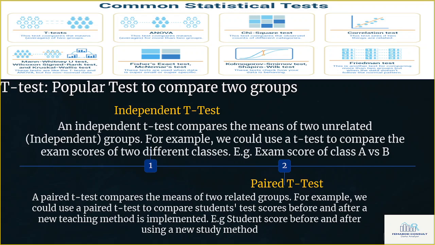a gym program. Let's use a gym program for example. After you have exposed them to that gym program, or to that weight loss supplement, you also measure their weight again.